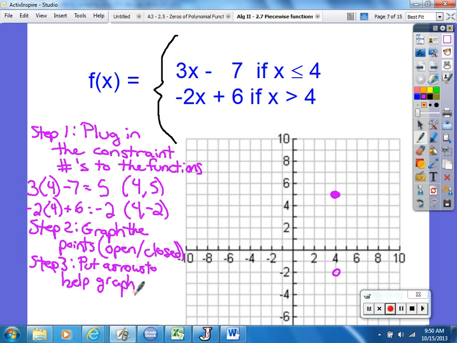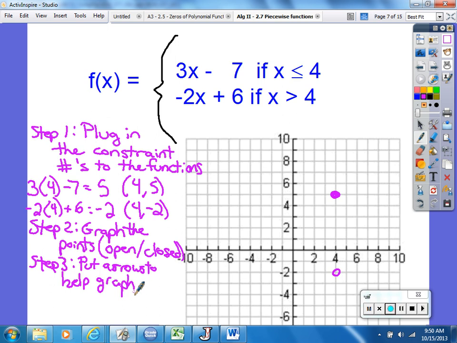If you're using pen, you may want to borrow somebody's pencil when you're putting these little arrows on. Try to make sure you bring a pencil for the next few days, because we're going to work on this tomorrow, and we're going to work on it Thursday, because it's a hard topic, it's a new topic.